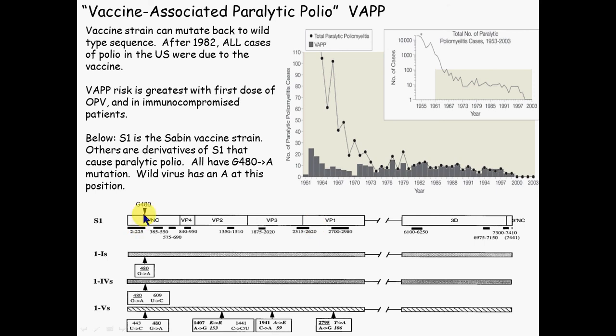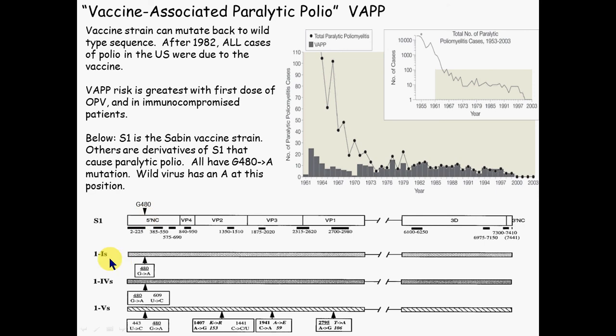And this is a mutation in the poliovirus that makes it harmless. Okay? So it was an A, and the Sabin virus has a G at that position, and it makes it harmless, but it can mutate back.